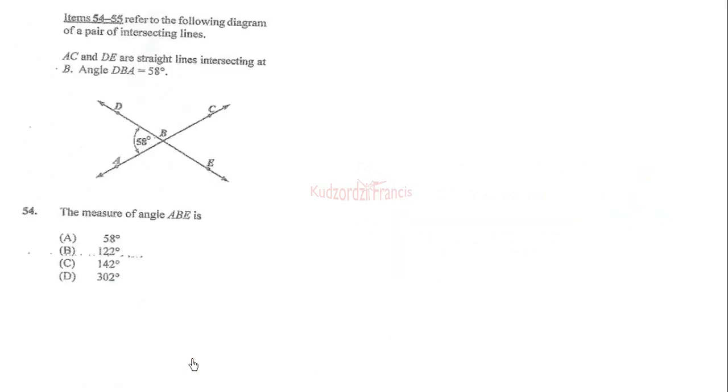So we proceed with the next question. AC and DE are straight lines intersecting at B. Angle DBA is equal to 58 degrees. The measure of angle ABE, this angle: we know these are adjacent angles that are linear pairs, and they will add up to 180.